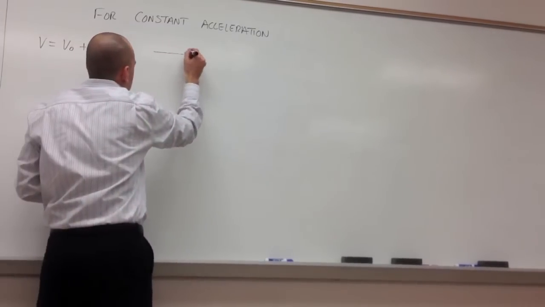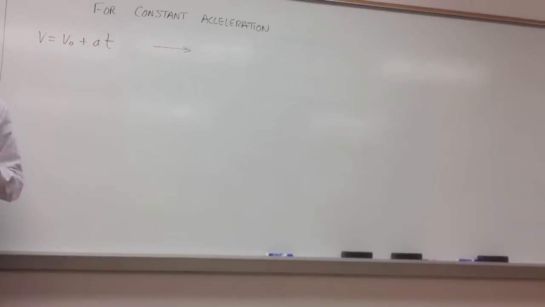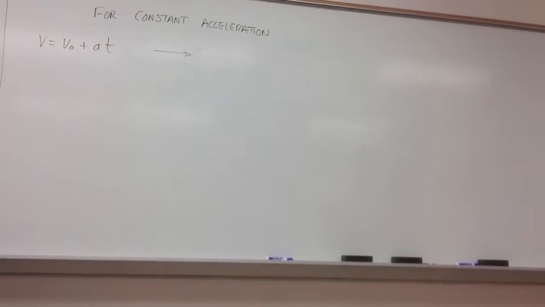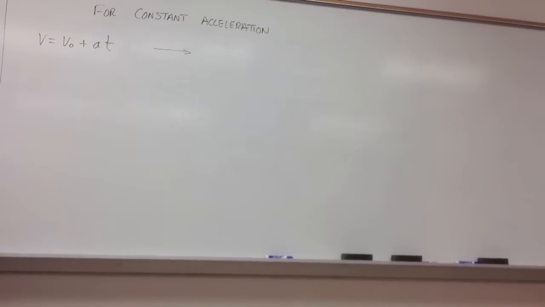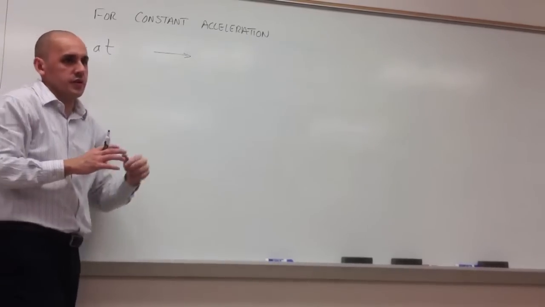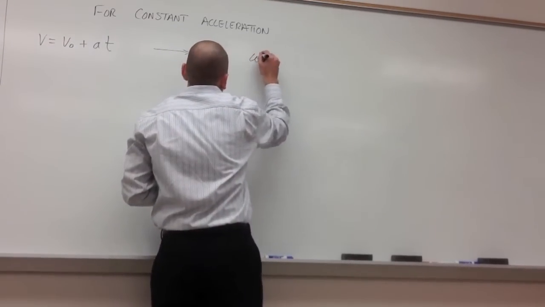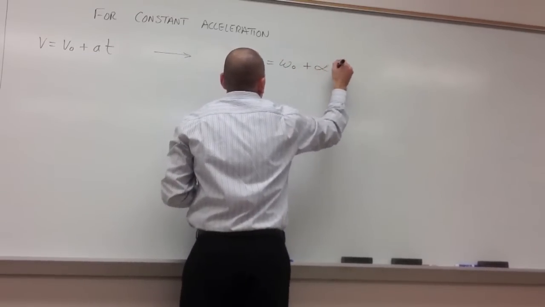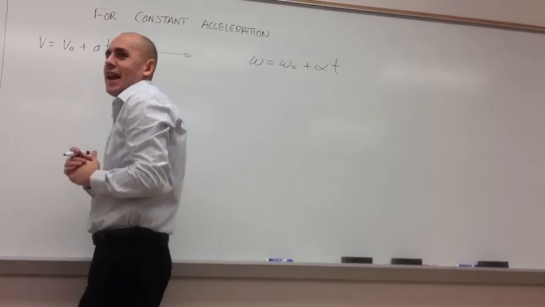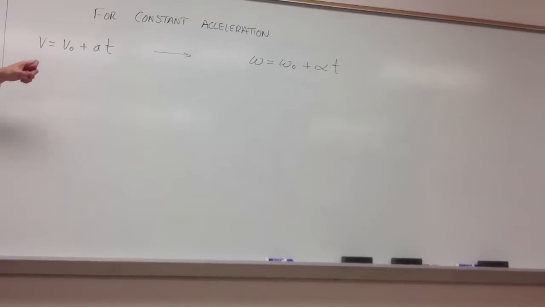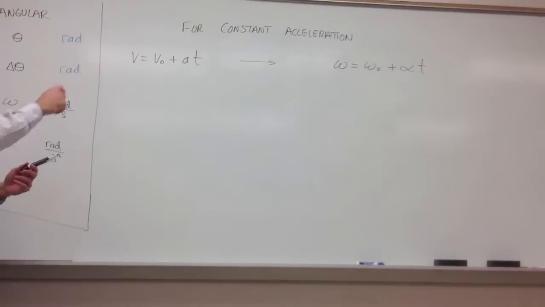If I was going to write this in rotational or angular form, how would I write this equation if I'm telling you it has the same form here? What would all those variables turn into if I wanted to talk about the angular velocity, angular acceleration for my equation over here? Omega is equal to omega naught plus alpha times time. There is no rotational time. All of our equations will have the exact same form. We're just going to put the different letters on there now to talk about all these angular measures.